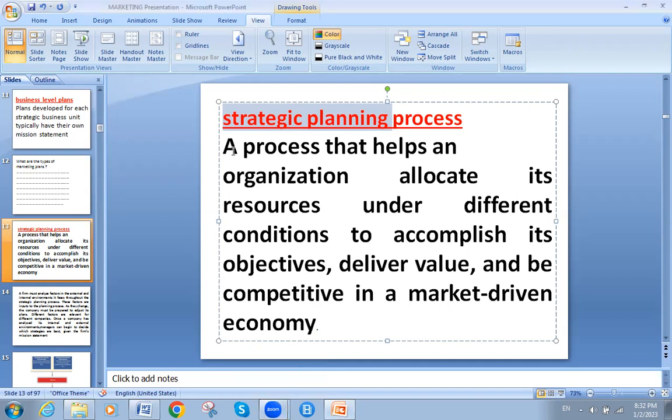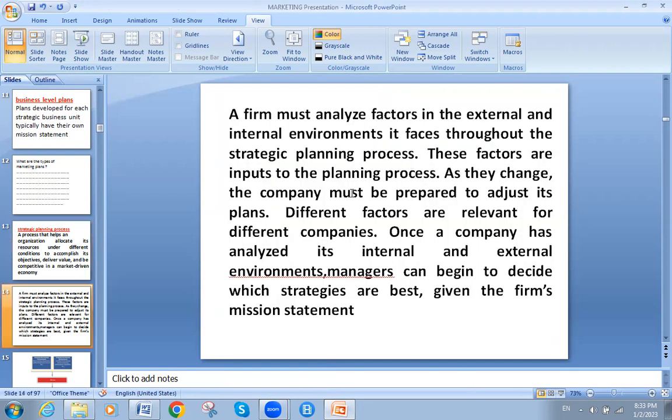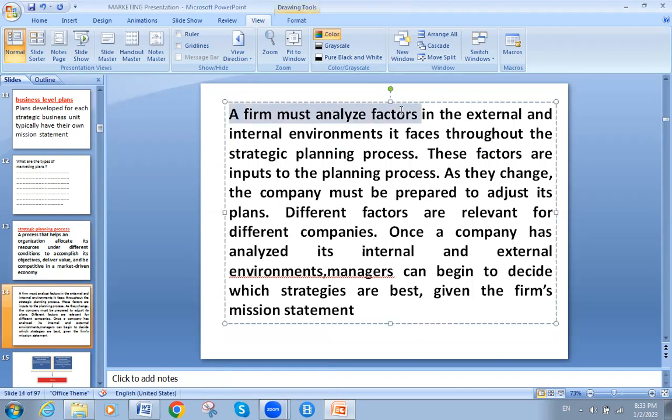The strategic plan is a process that helps an organization allocate its resources under different conditions to accomplish its objectives, deliver values, and be competitive in a market-driven economy. So the firm must analyze factors in the external and internal environment. Before you make your plan, you must check out the external environment and check out the internal environment, and make your plan compatible with both.